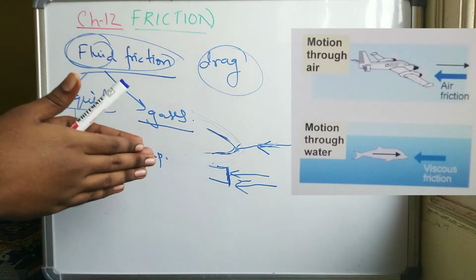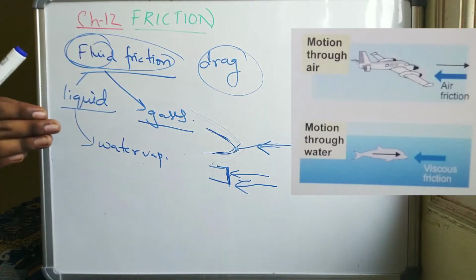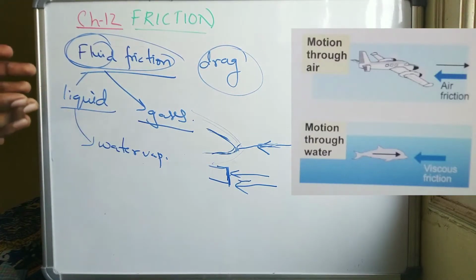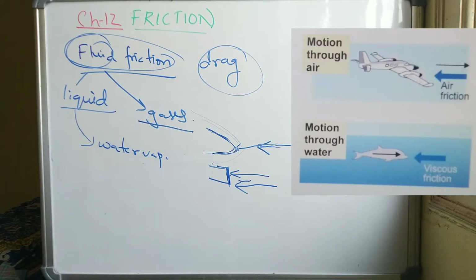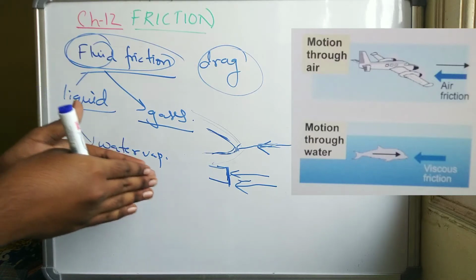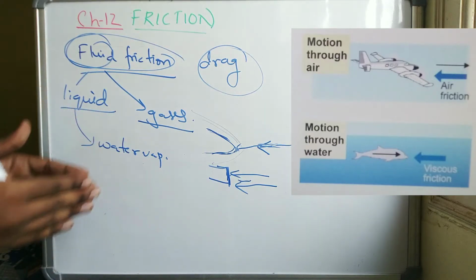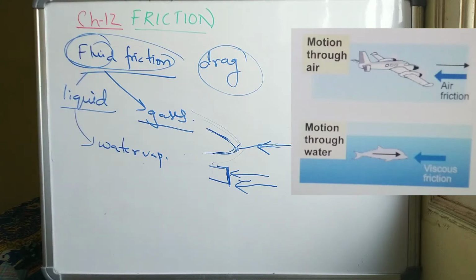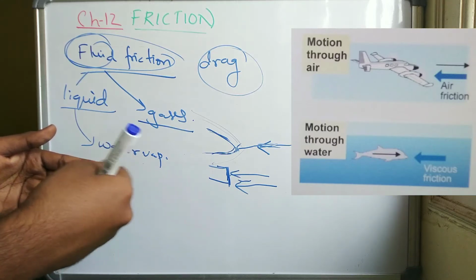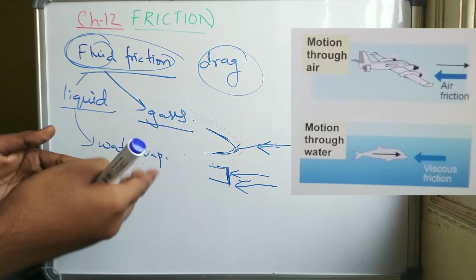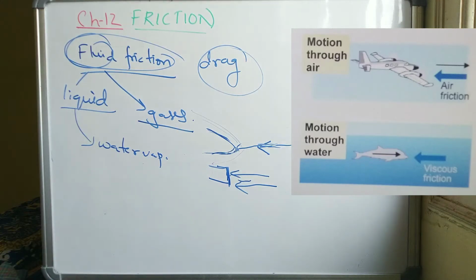You can compare ships or boats with the shape of a fish. A fish has that kind of shape, and boats also have it. Boats have this type of shape in order to reduce friction so that they can move. If we gave a square shape, the friction would be more because of more area of contact, more interlocking, more irregularities. That's why it is given that shape. Try to analyze and understand.